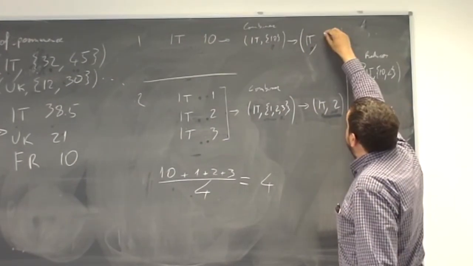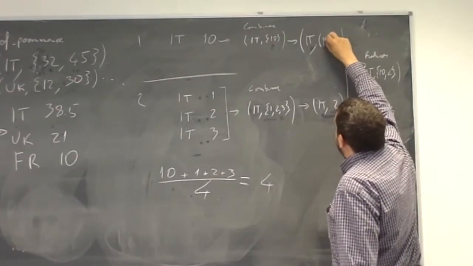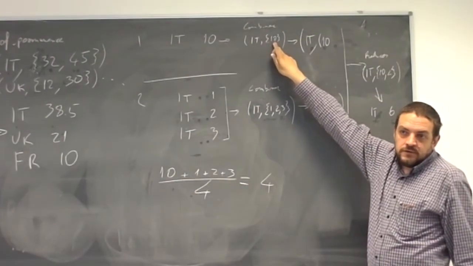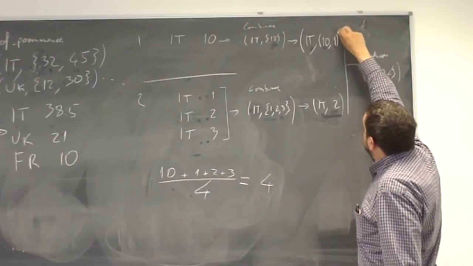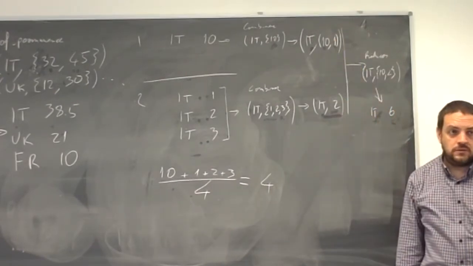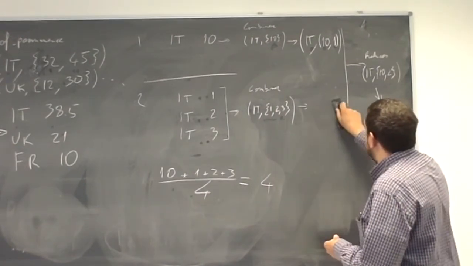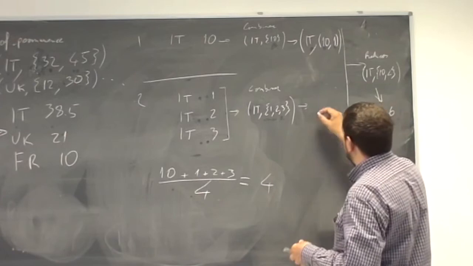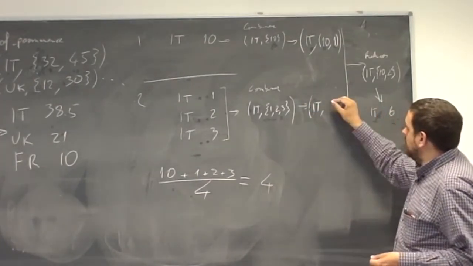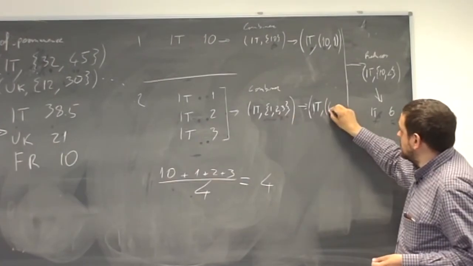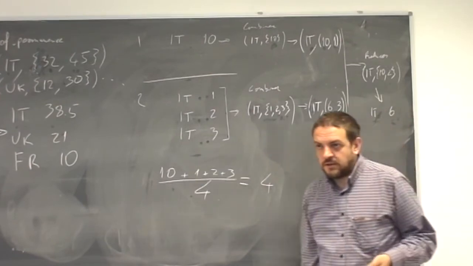But as a value part, it can output actually a pair of numbers, which are the sum of the items and the number of tuples. Again, here, instead of writing 2, which is the average, it would write out IT paired with the sum, 6, and the number of elements, 3.